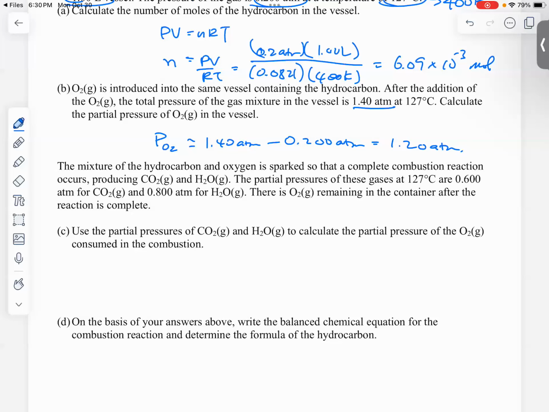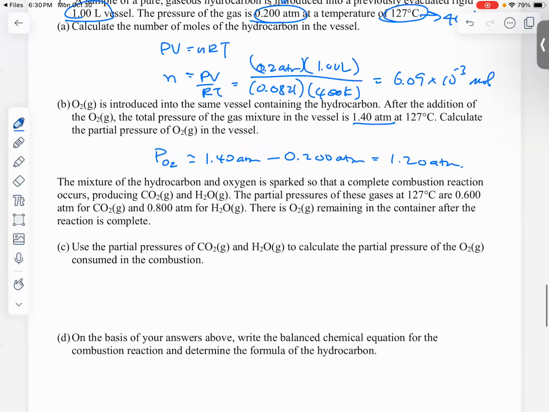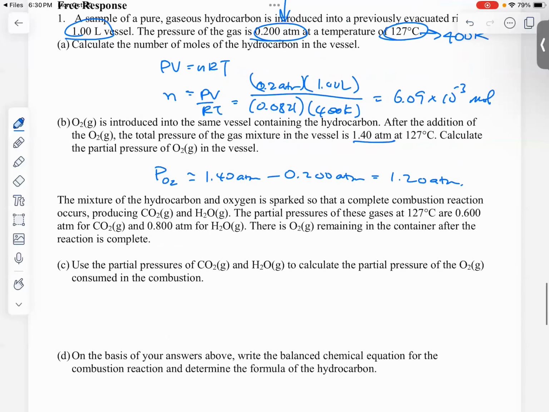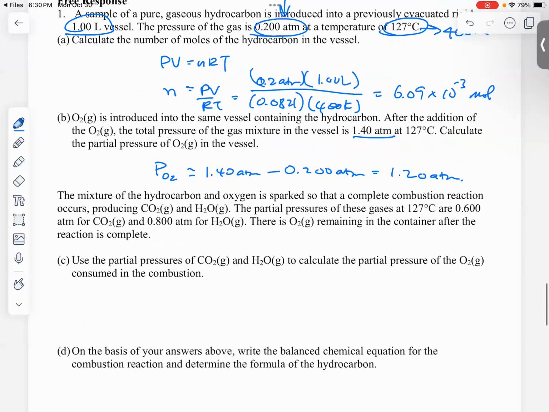Use the partial pressure of CO2 and H2O to calculate the partial pressure of O2.